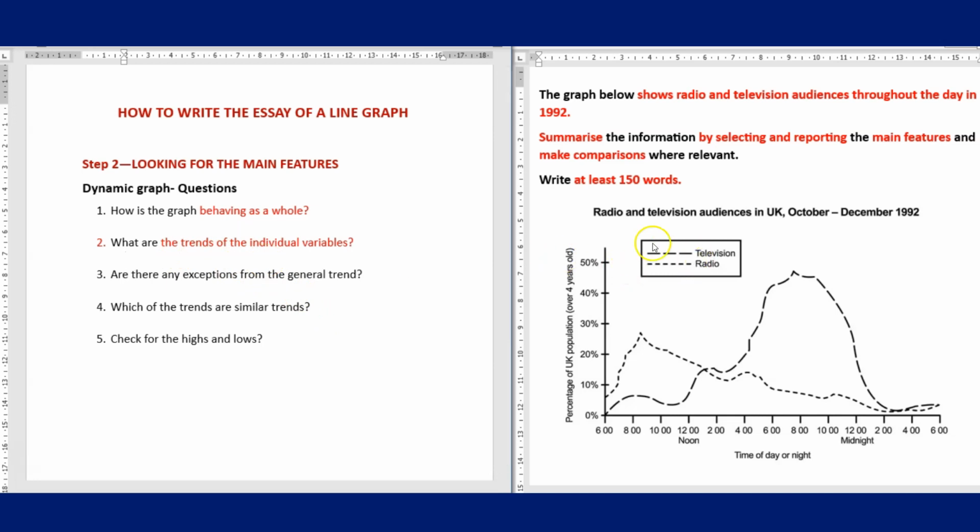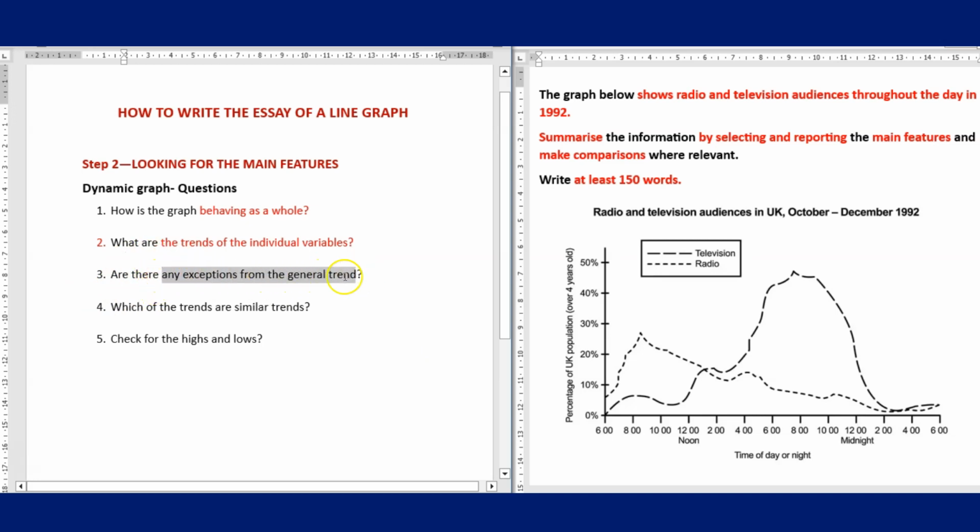When you take television alone, how is it behaving? When you take radio, how is it behaving? How was the behavior of the audience? What are the changes that happened as time goes on? Now, the third question is, are there any exceptions from the general trend?